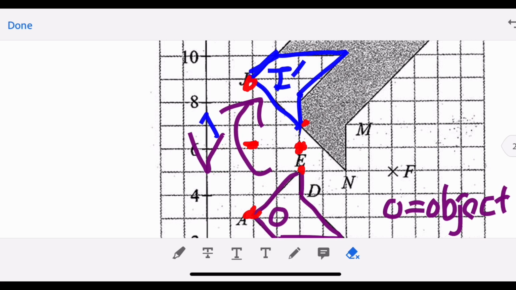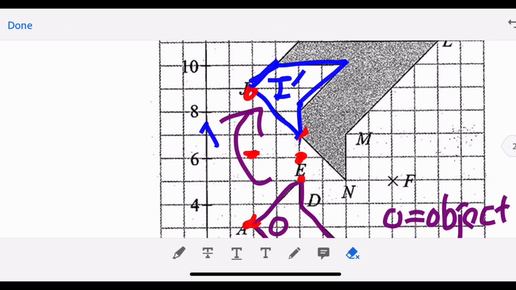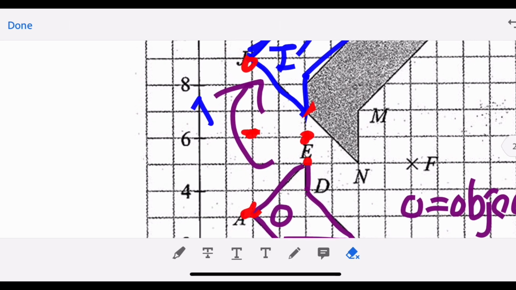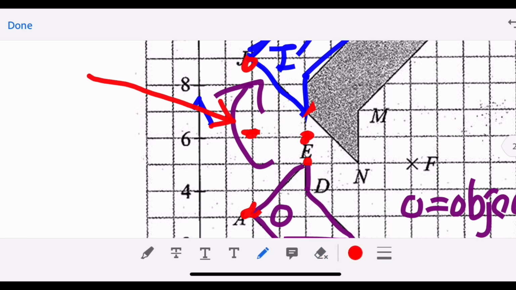So I need to figure out what this is. Is this a rotation? Is it a reflection? Is it a translation?